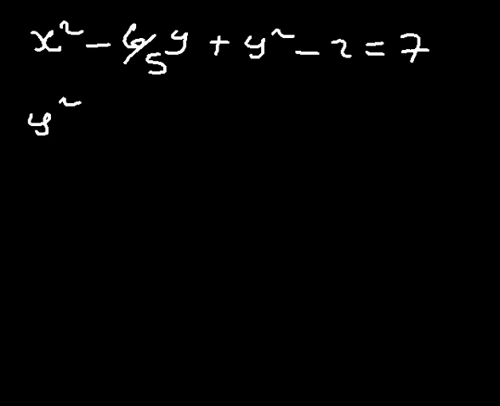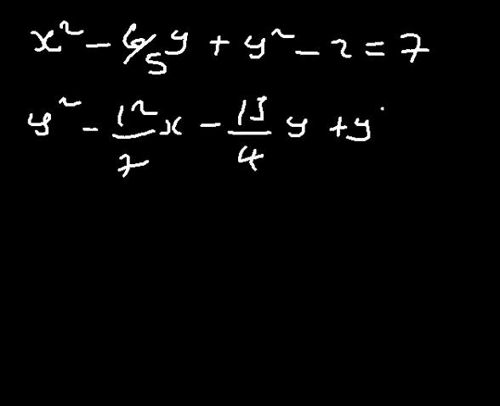Let's say we have y squared minus 12 over 7 x, and minus 13 over 4 y, and plus x squared minus 1, which is equal to 5. So try that one out.